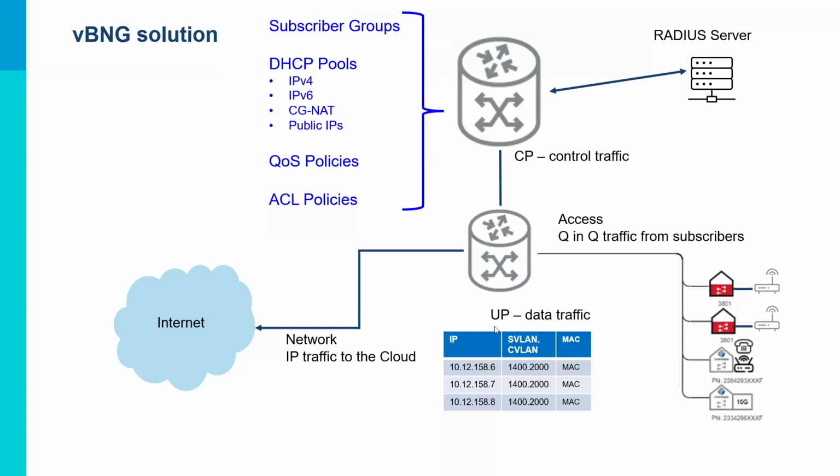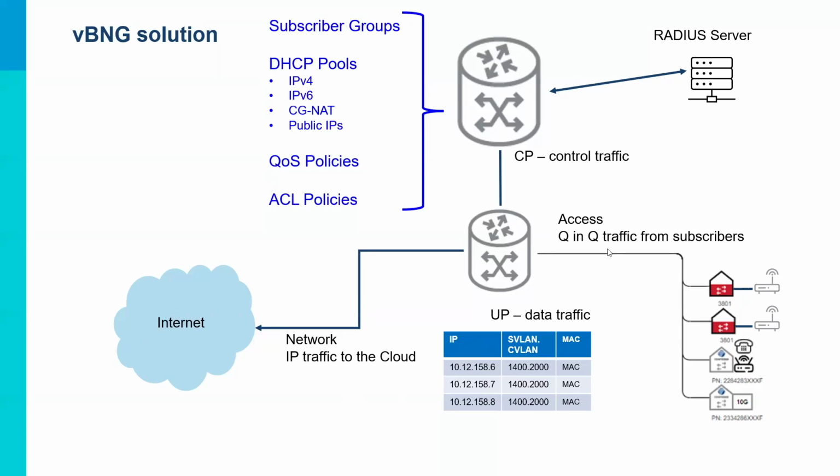And then it assigns it a particular IP address based on that subscriber group. Then it maintains a mapping of the SVLAN, CVLAN, MAC address to the IP address that was assigned to that subscriber. And the IP address can be a public IP address or a private IP address. You could do CGNAT here, or you could do CGNAT deeper into the network.